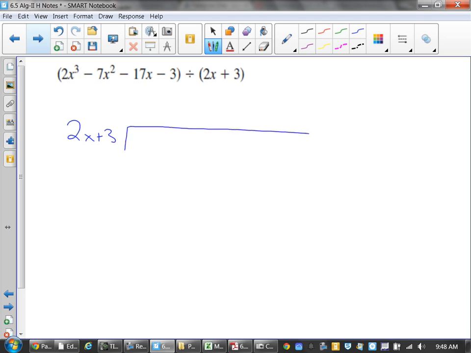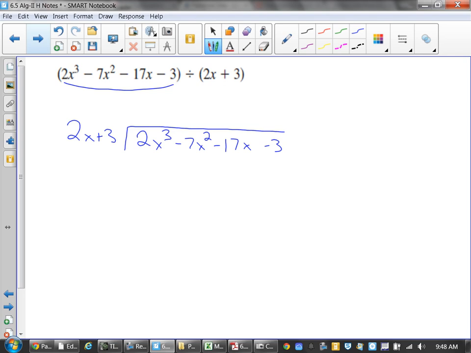Inside here, we write in descending order with placeholders if necessary. Remember, placeholders go in if we're missing a power, a degree, but here we have a 3rd degree, 2nd degree, 1st degree, and a constant. I don't have to worry about any placeholders. So I put in 2x cubed minus 7x squared minus 17x minus 3.